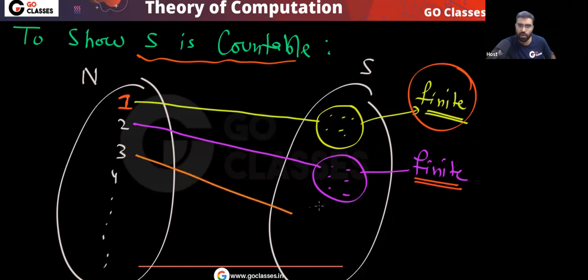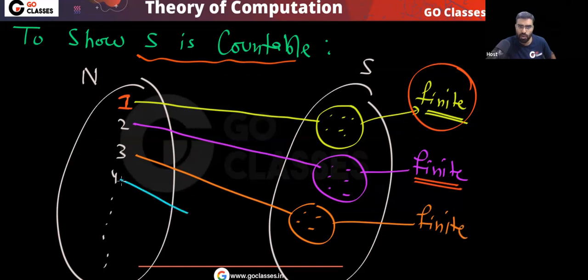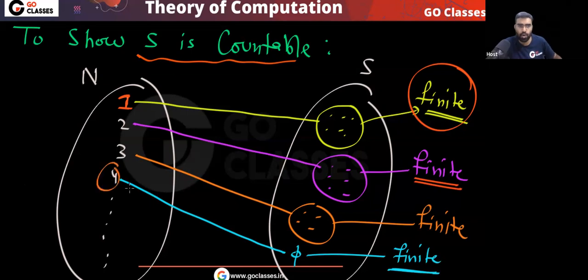This also must be finite, and that's it. For example, you can assign the empty set also. If you don't want to assign anything, you can assign the empty set. Empty set is also finite. Yes or no? Empty set is also finite. To this element, if you don't want to assign anything, that is also fine, because the empty set is also finite.